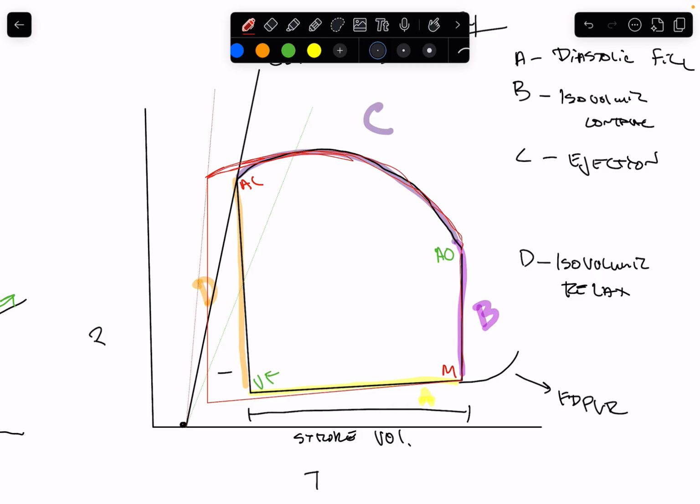And so what that's going to represent is the change in pressure.